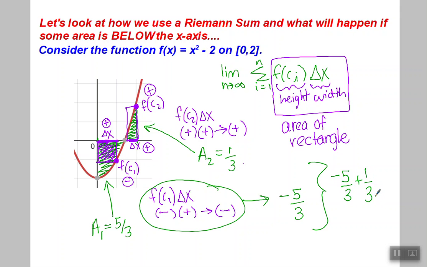So I'm not doing a total of the areas, but rather anything that is above the x-axis yields a positive value. Anything below the x-axis, because of the negative function value, yields a negative value. So in fact, I'm subtracting the area above the x-axis minus the area below the x-axis.